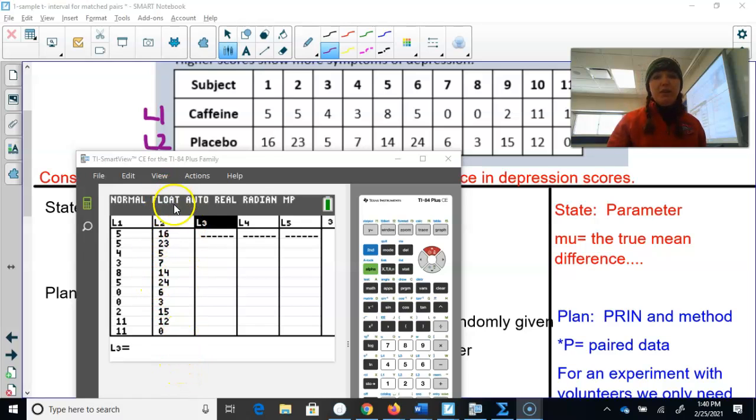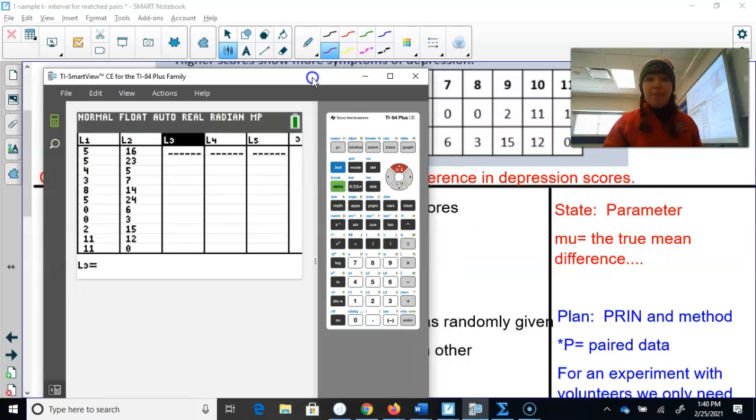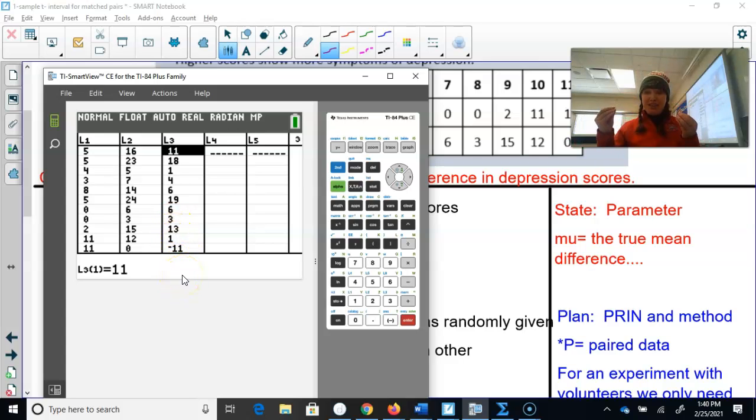In general, it looks like with the placebo, the depression tests were higher, not for every individual, but in general. So I'm going to set it up as L2 minus L1. That's going to give me mostly positive values, with the exception of one there, you can see. So here are our differences in the depression test with the placebo and the caffeine for each individual subject.